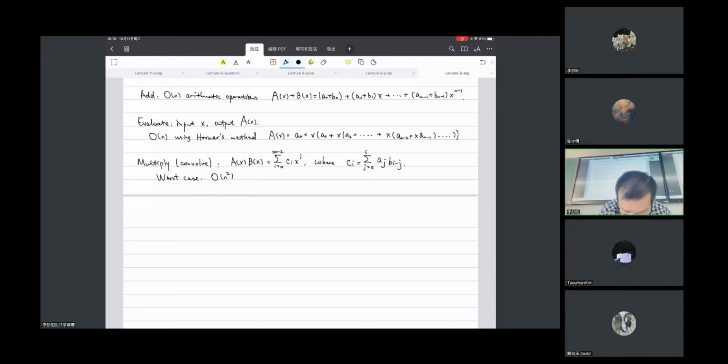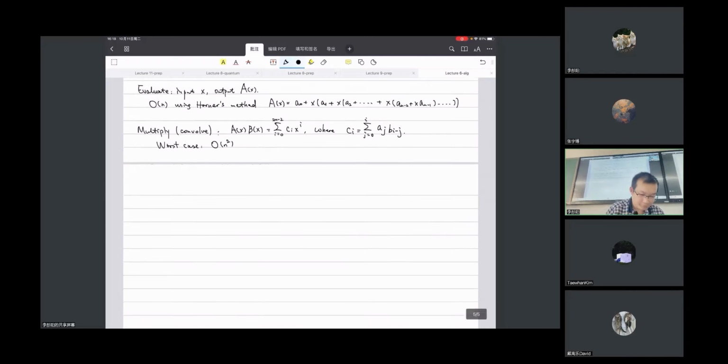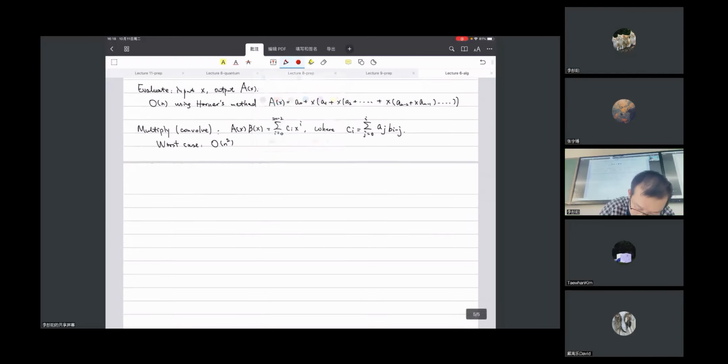This is because you have 2n minus 2, basically O(n), coefficients. And for the c_i's here, especially the ones in the middle, for instance around c_n, there are actually O(n) terms inside. So in the worst case, the cost of just doing this in a brute force way is going to be O(n squared). Let me actually also mention this in brute force.